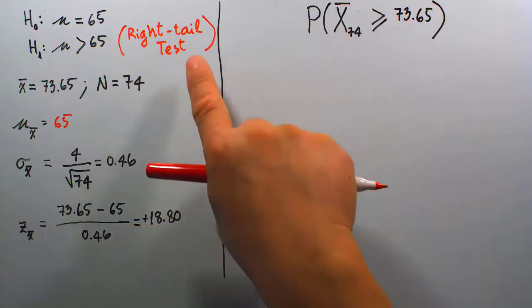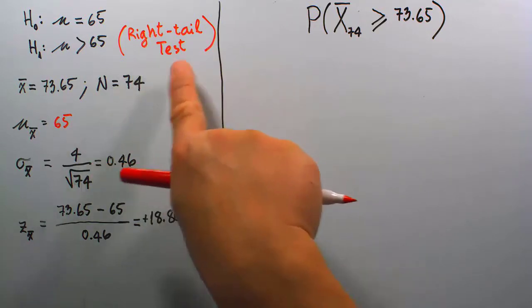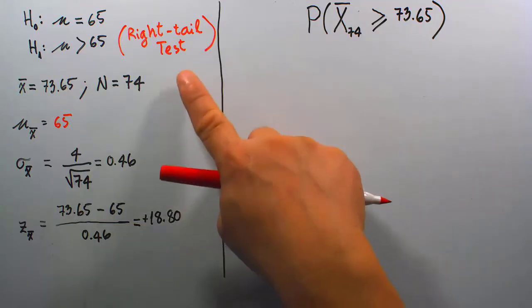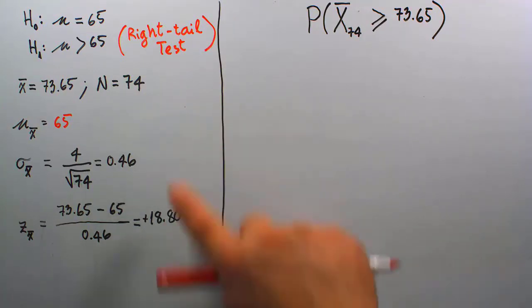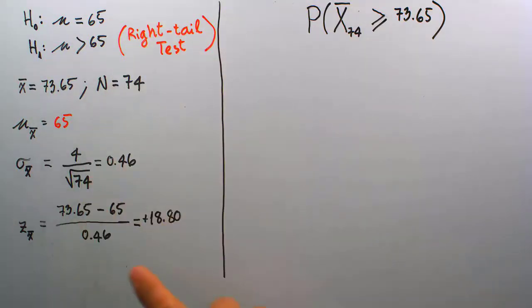And further, even though I did not explain what exactly the right tail test is, having a positive z-score is also a checkpoint for consistency with the fact that the test we're currently following is a right tail test.